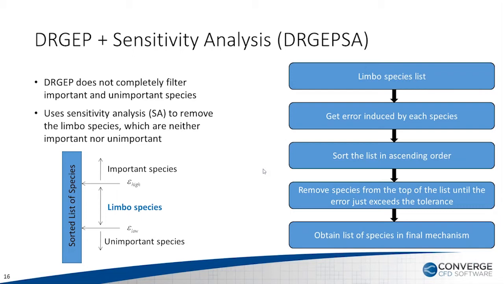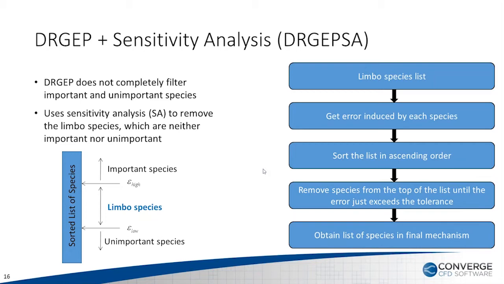So after DRGEP, we list all the species together. We have really important species, and by using DRGEP, we have unimportant species. But you're going to see there's still a big chunk of species in the middle between important and unimportant species.